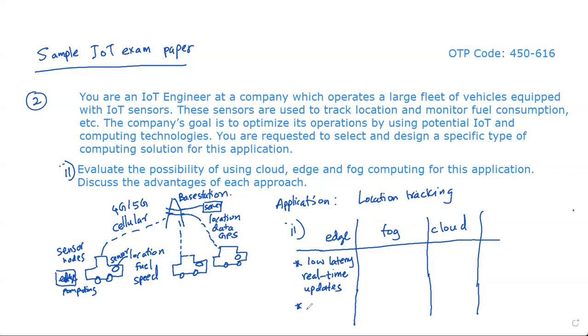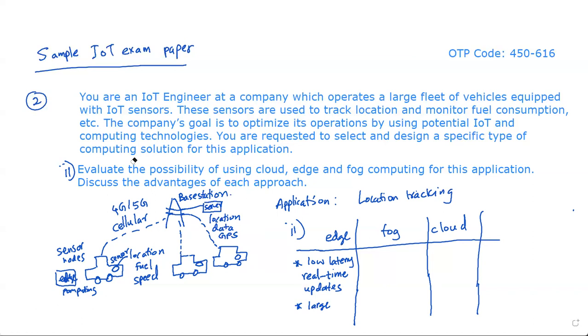Apart from that, it can also handle large volumes of data and large amounts of connectivity, if it has enough resources to connect to a large number of devices. So it can handle a large number of devices connected to the network.